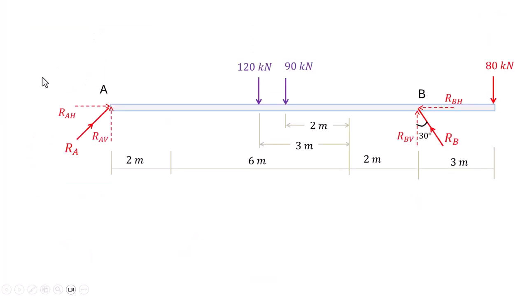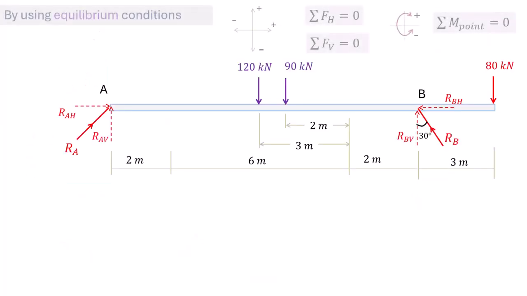Now, using the equations of equilibrium with proper sign convention, we solve step by step. First, the algebraic sum of all horizontal forces acting on the beam is 0. Using the chosen sign convention, rightward forces are considered positive and leftward forces are considered negative.